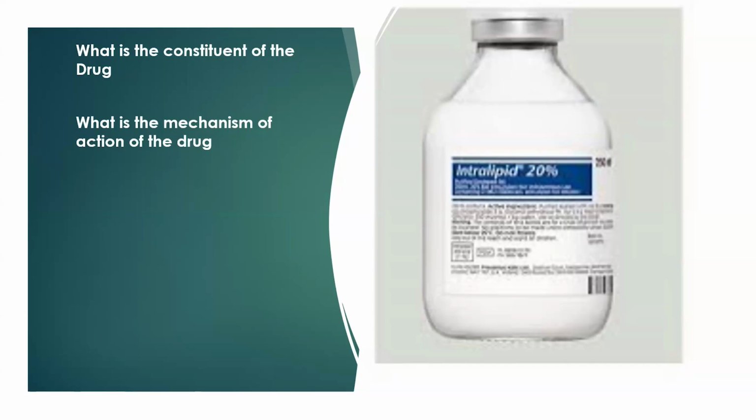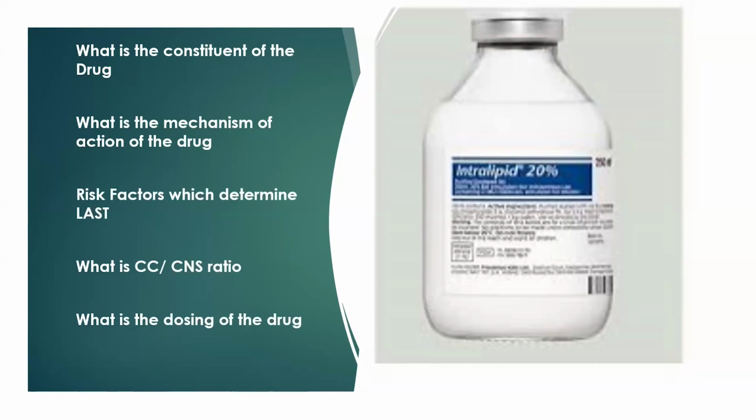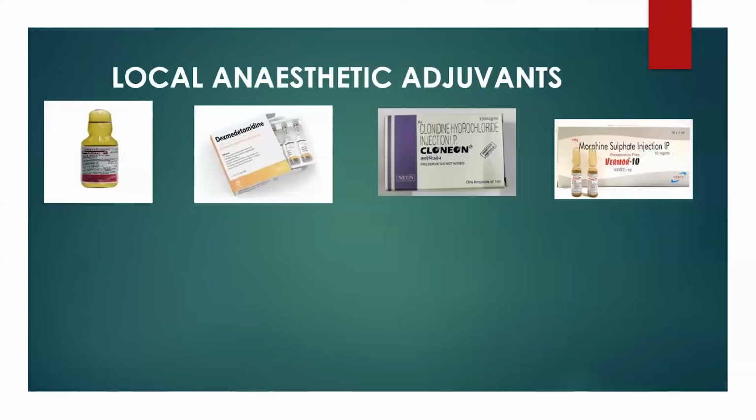Once the patient is stabilized, we have to review the patient. If the patient had only seizures, we review 2 hours later, and if the patient had a cardiovascular collapse, we should review every 4 to 6 hours.